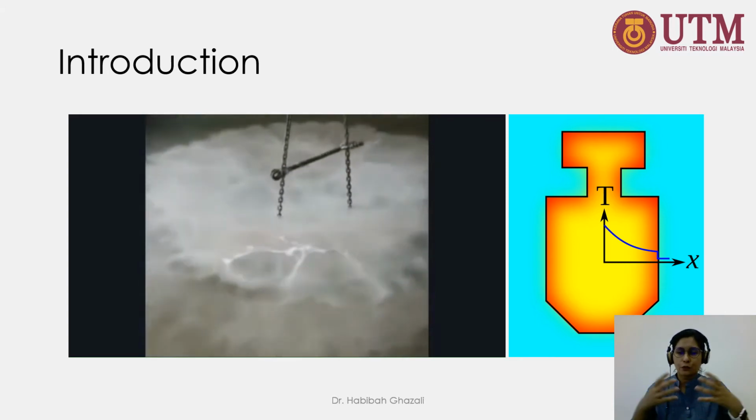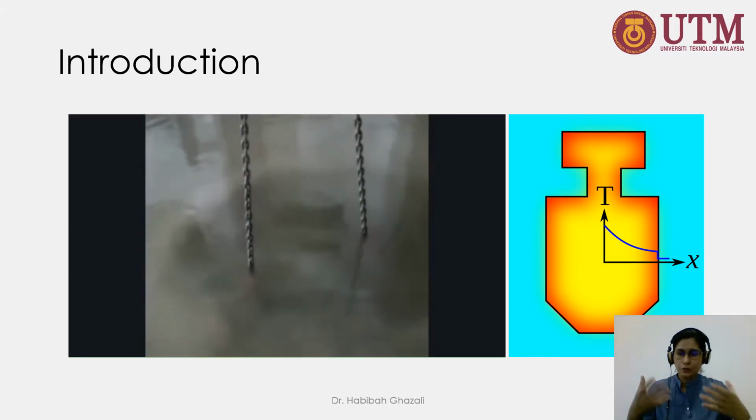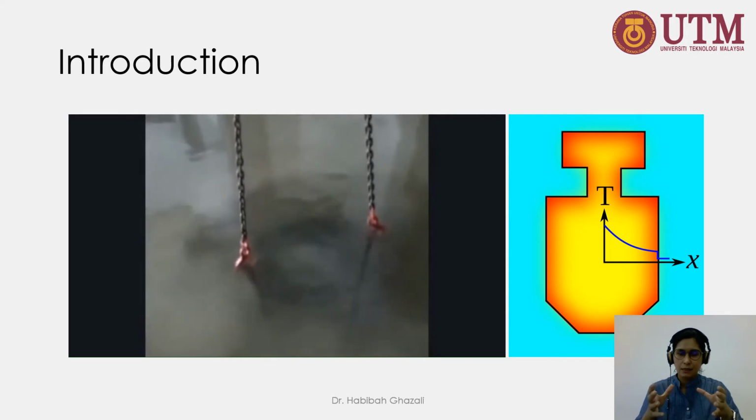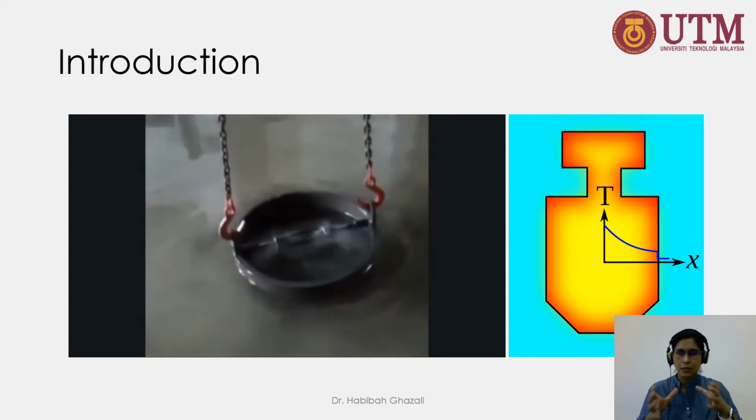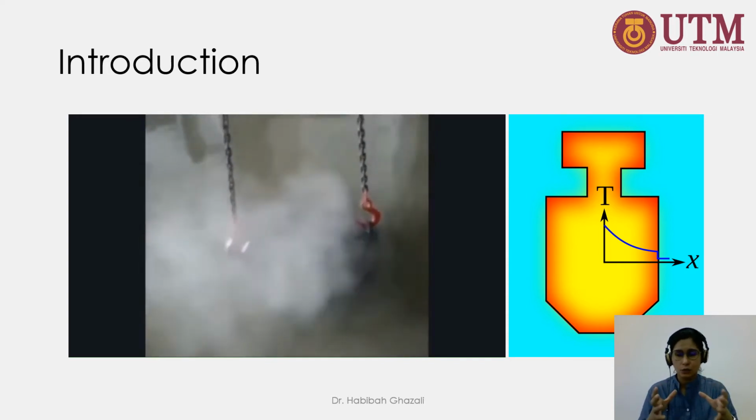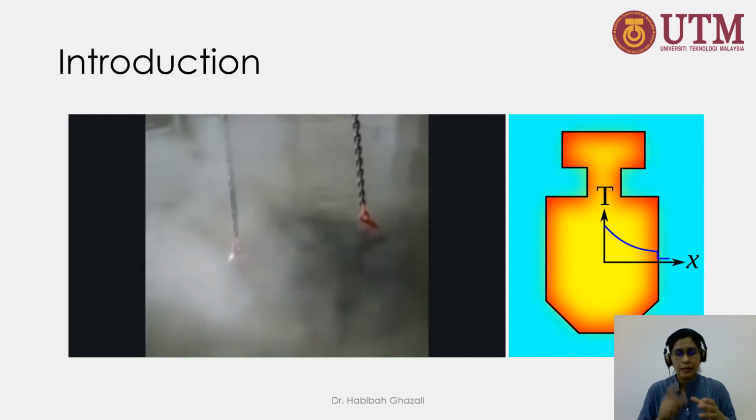But because this is not an isothermal transformation, you would expect that the middle part will cool slowly in comparison to the outer part. So we could generate other microstructures in the middle. This is what we call a structure with shell and core.